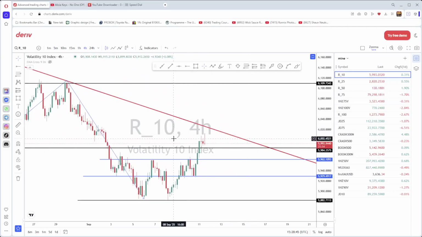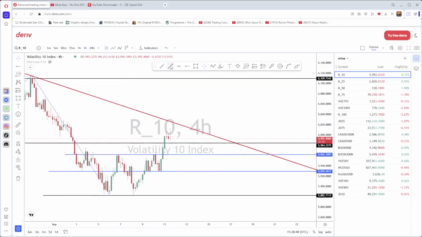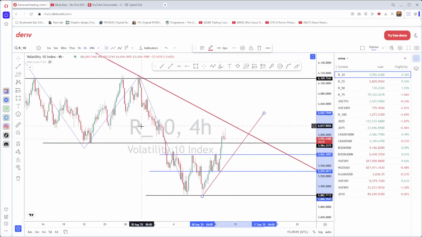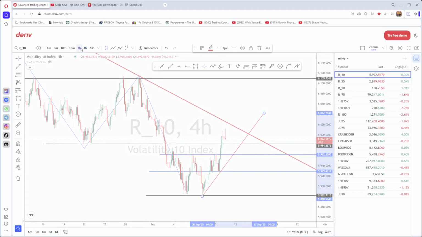So let's come in with a trend line from the bottom, the lowest point, and the second point. A pullback or a change of character would put the 4 hour in line with the daily. Let's go down to the 1 hour. 1 hour, my favorite time frame.